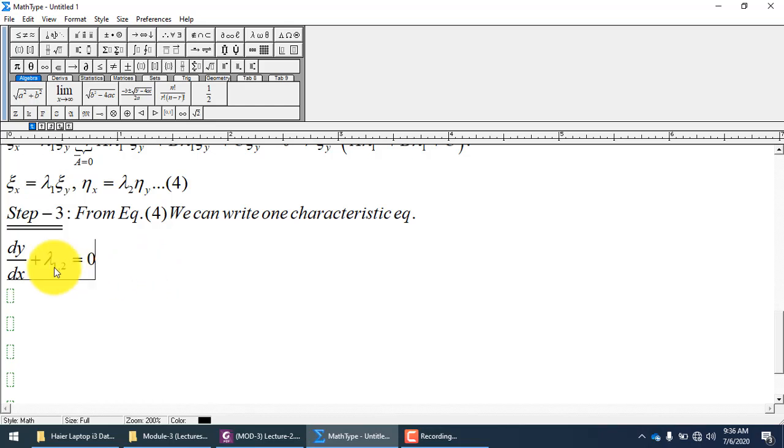Now you will solve these equations for lambda 1 and lambda 2. So you will have two equations.